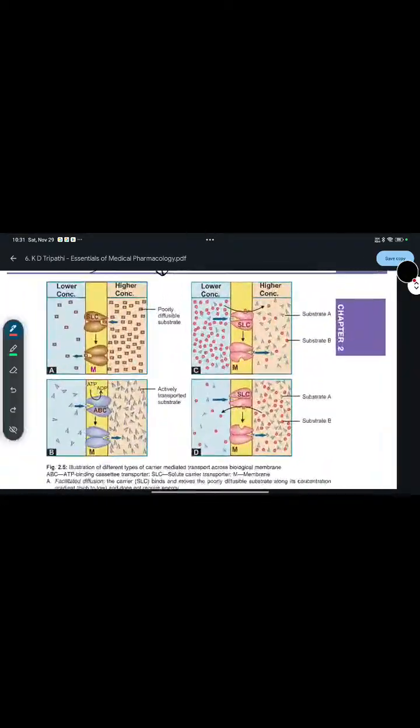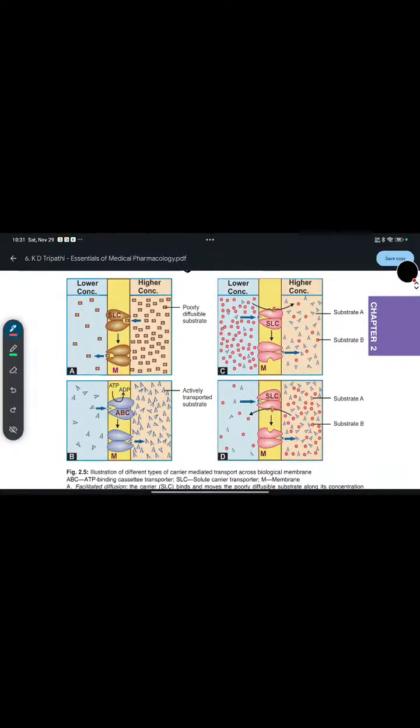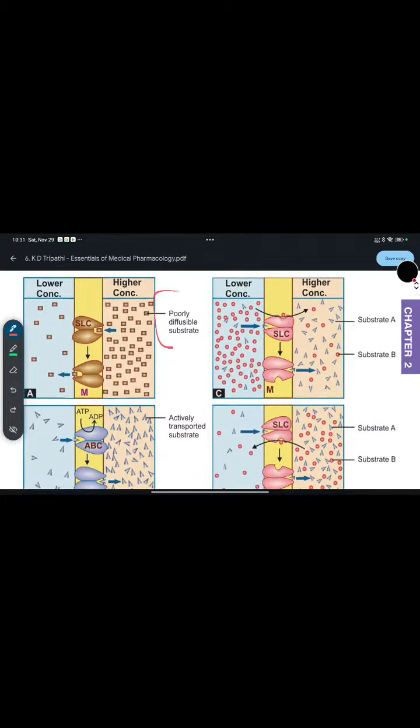Now we will see the diagram, image, in that we will understand it very well. See, this is the diagram. Number 1 is from low concentration, this is the membrane, and then high concentration on the right side. So these are poorly diffusible substances or substrate. Now what will happen?